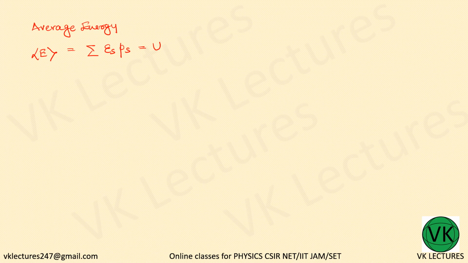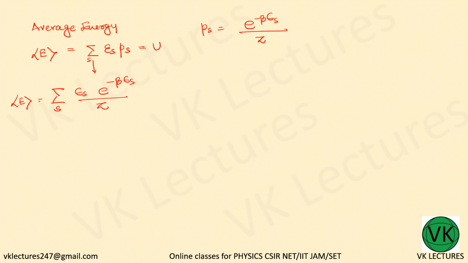Now Ps is equal to e to the power minus beta Es divided by Z, where Z is the partition function. So E is the sum over S of Es e to the power minus beta Es divided by Z. This is the equation for the average energy in discrete energy levels.